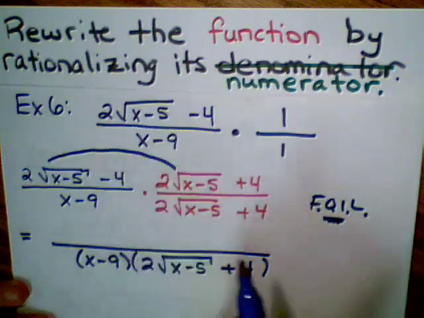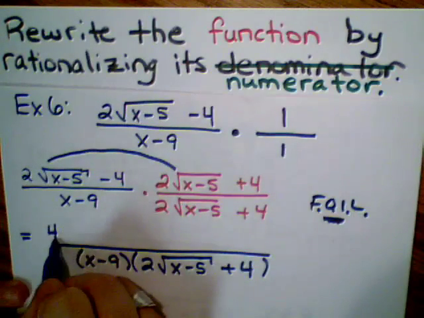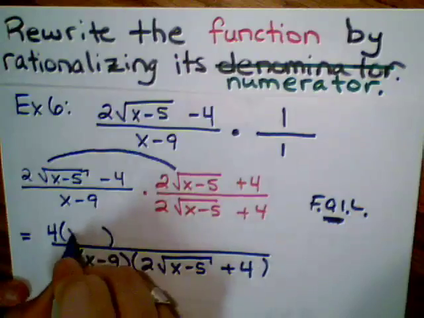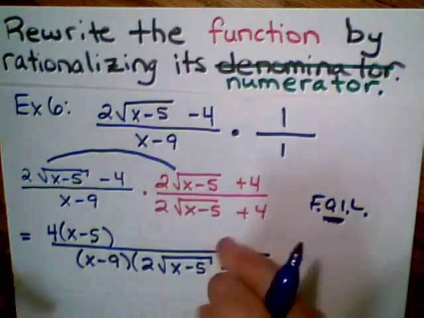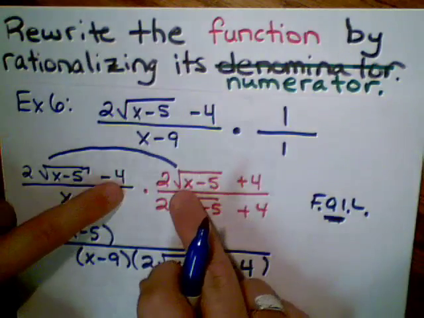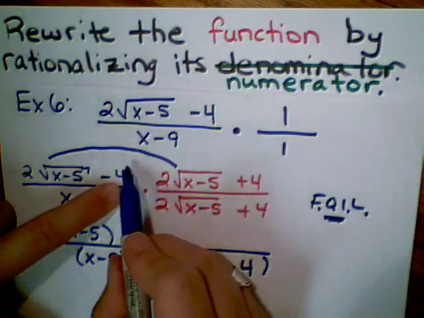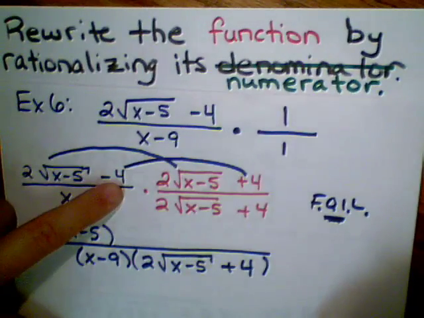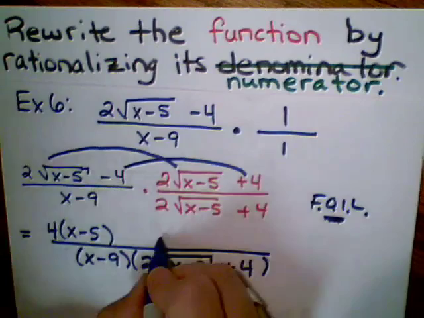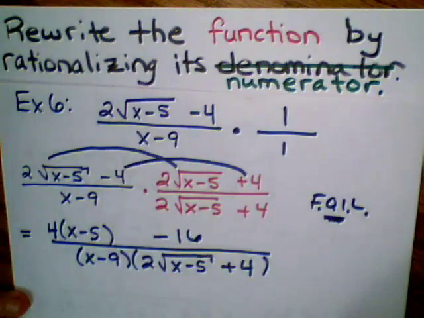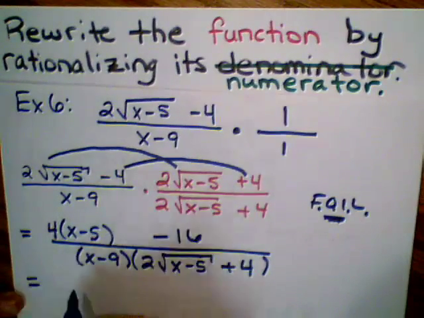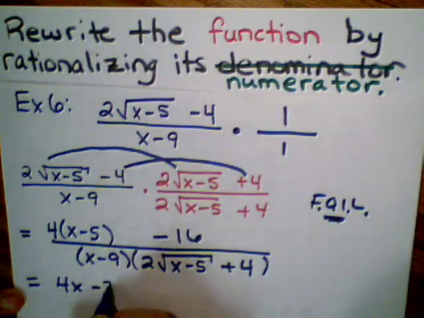Let's multiply the first terms, 2 times 2, and the radical times the radical. The outside and the inside products will add up to 0. So that leaves us with the last product. Okay. We multiply through the parentheses.